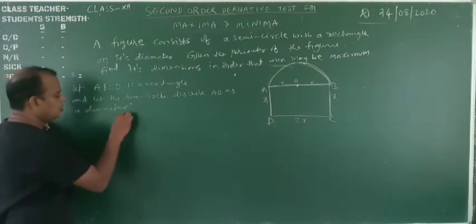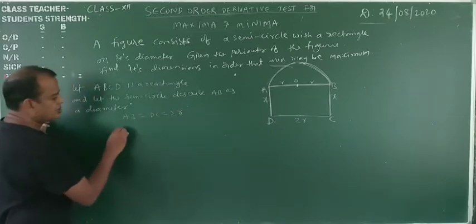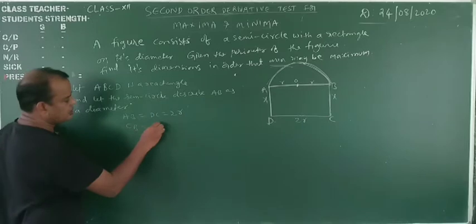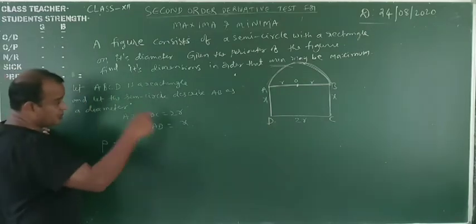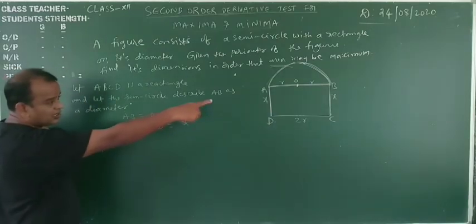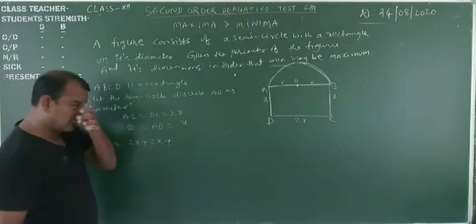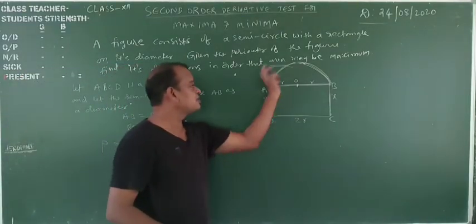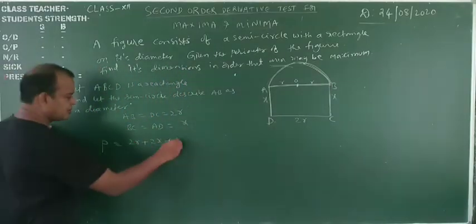Therefore, AB is equal to DC is equal to 2r. CB is equal to AD is equal to x. Now perimeter. What is the perimeter of this one? 2r plus x plus x, 2r plus 2x, plus the perimeter of the semicircle, which is half of 2 pi r, means pi r.